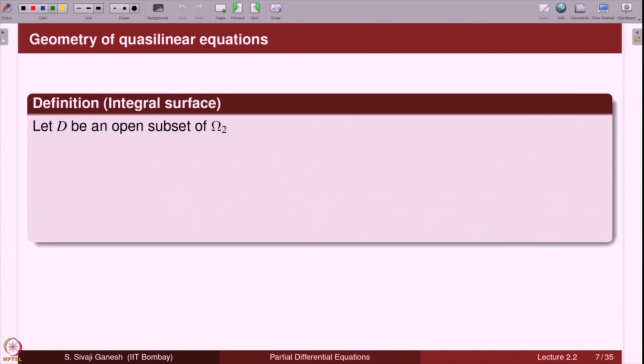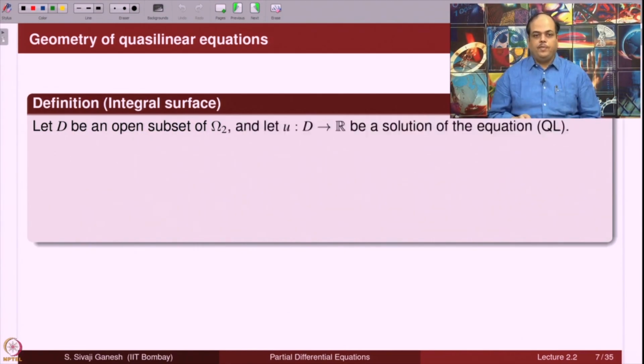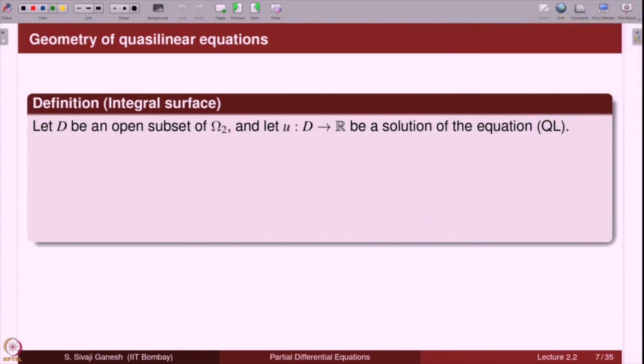So, the definition of an integral surface: let D be an open subset of omega 2. What is omega 2? It is a projection of omega 3 to the xy plane, and let u be a solution of the equation QL. u is defined on this domain D and is a solution of the equation. What does it mean?